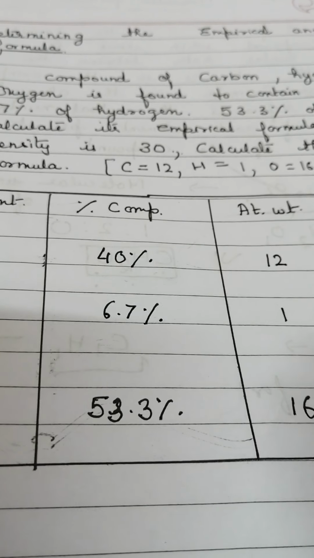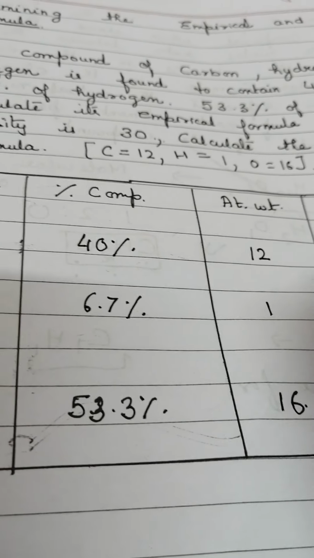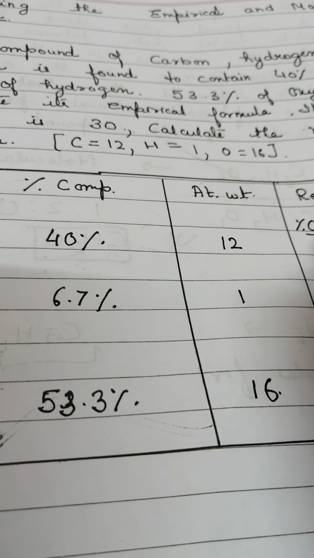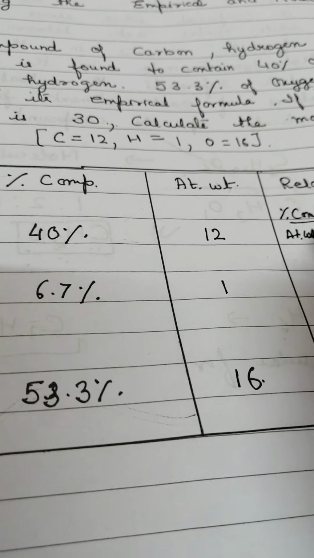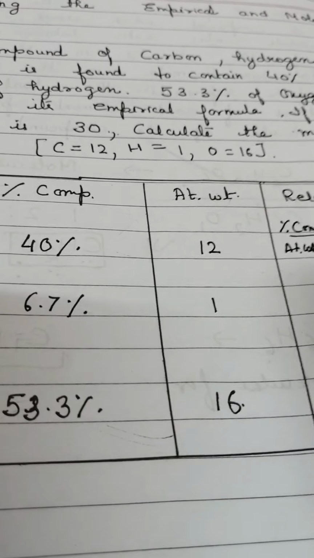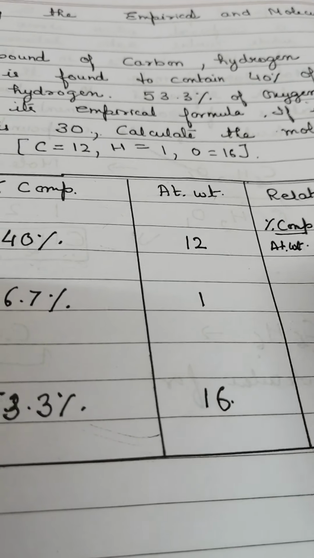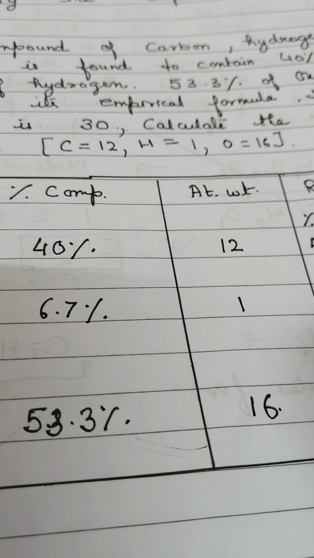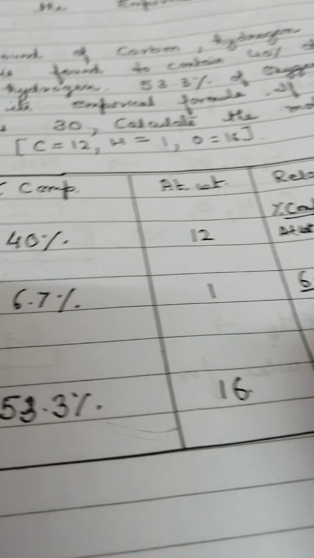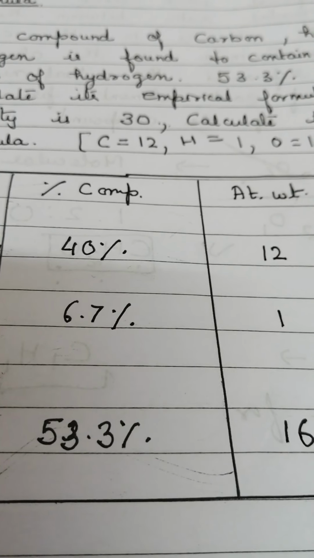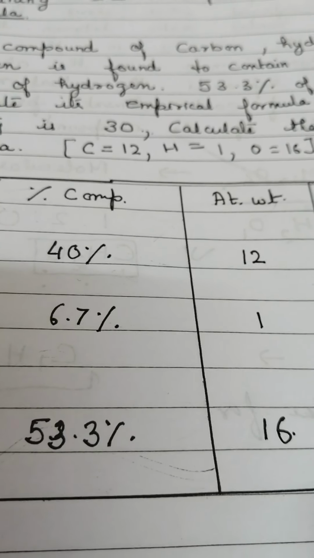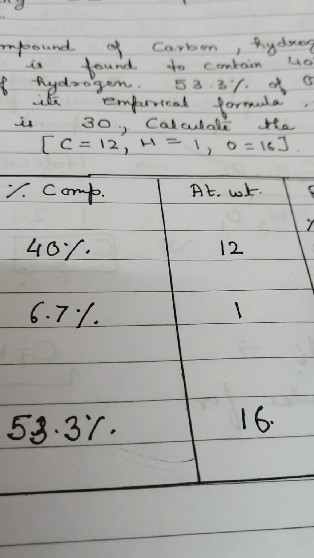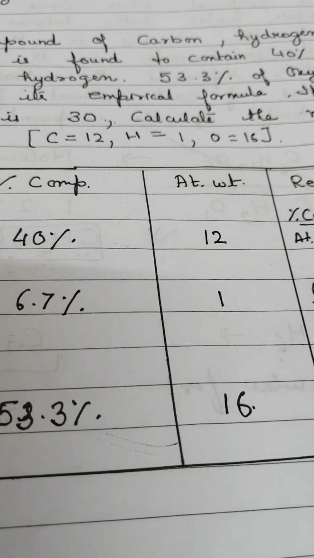So for carbon, 40 divided by 12 comes out to be 3.33.